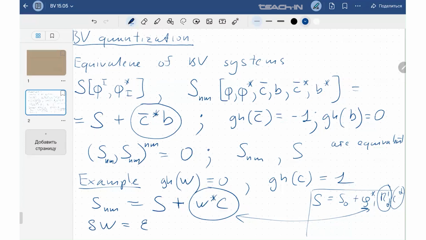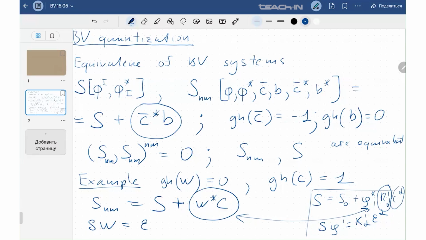So R is 1. Here the gauge transformation was delta phi I equals R I alpha epsilon alpha, right? And this is the same formula. So now the meaning of this kind of trivial variables is different, but still it is an equivalent extension of our system.